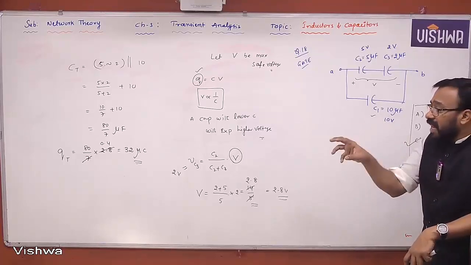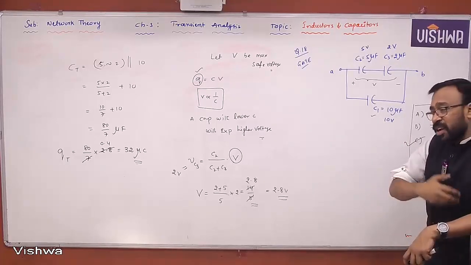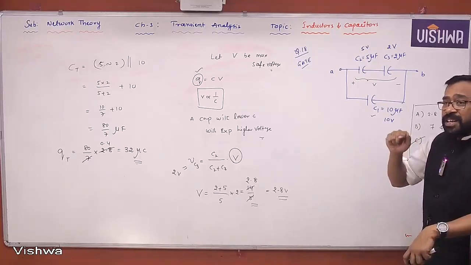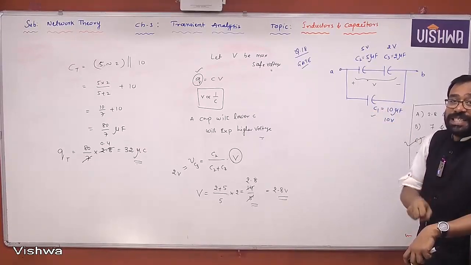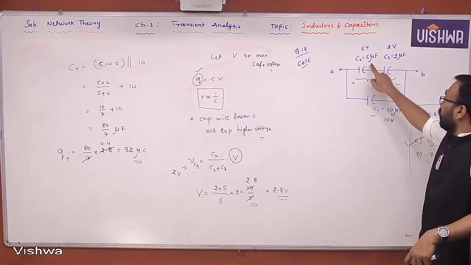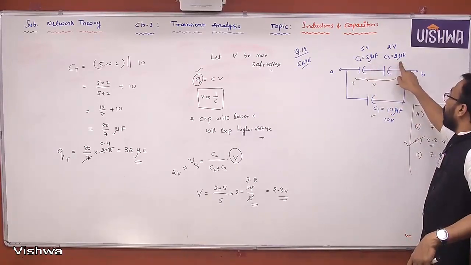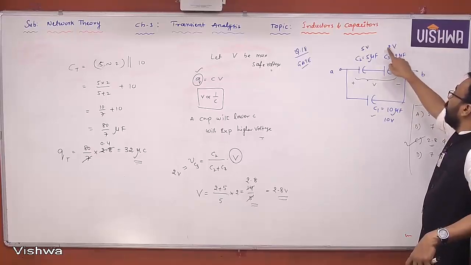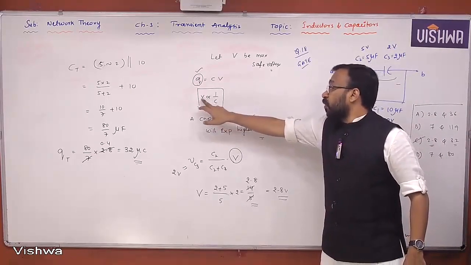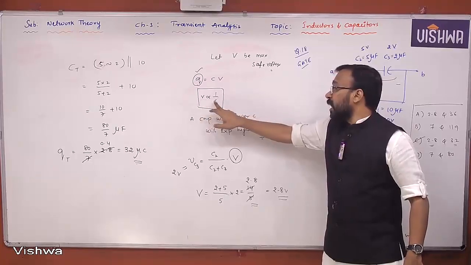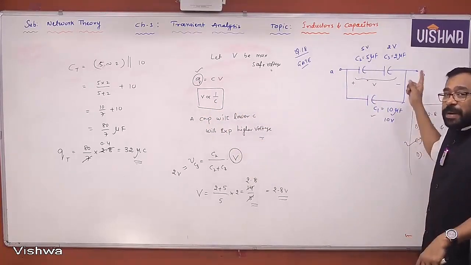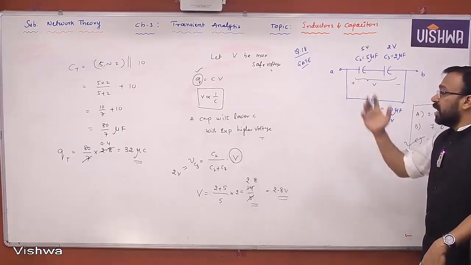If you consider the capacitor which is in danger, then the other capacitors are obviously covered. That is why out of the 5 microfarad and 2 microfarad, I have taken the 2 microfarad, because voltage is inversely proportional to C. The higher voltage will appear across the capacitor which offers the lower capacitance. So I worked on that particular capacitor and finally got the answer like this.